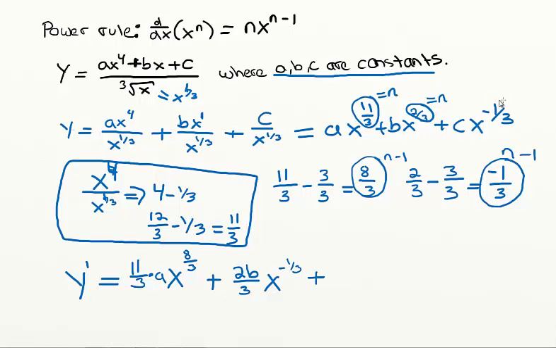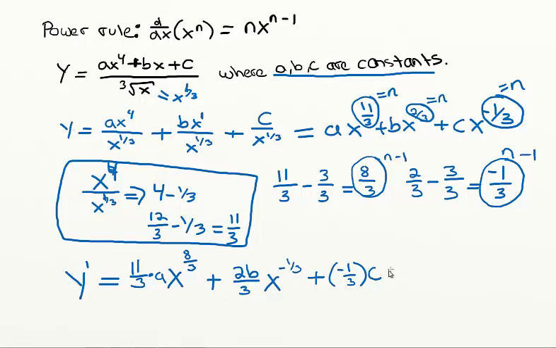And then our cx to the negative 1/3, we'll apply the power rule again with our n equal to negative 1/3. So we're going to multiply that out in front. So we'll get negative 1 over 3 times c.